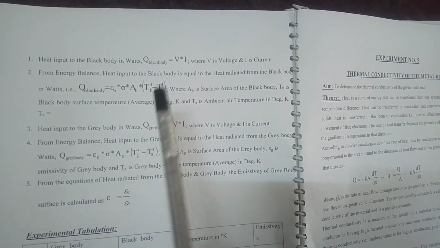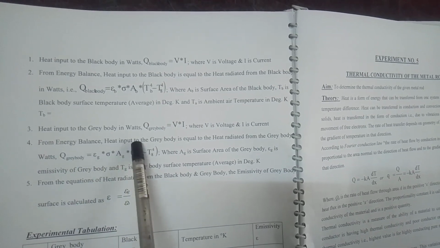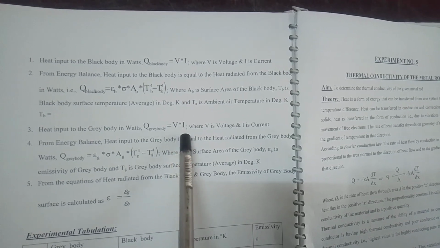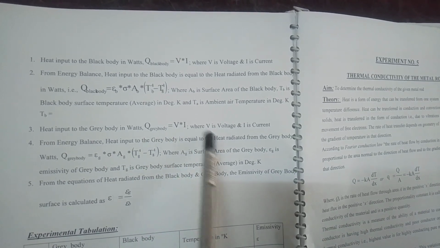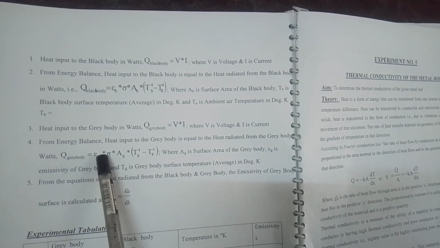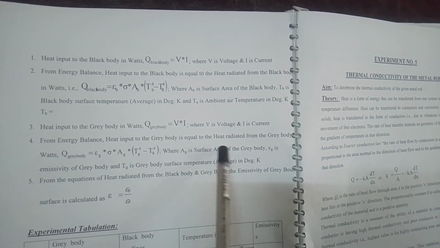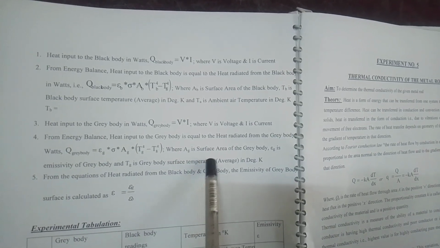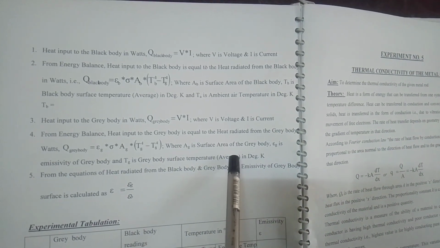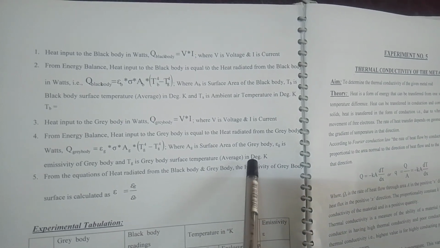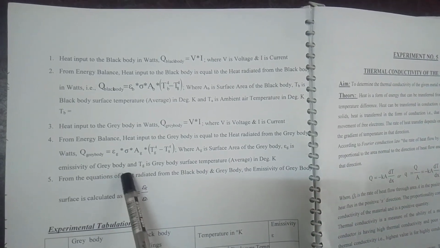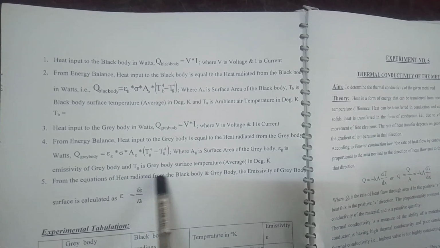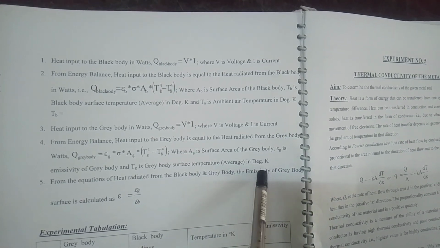In the same manner, the heat input to the grey body can also be found with the same multiplication of voltage into current, where V is the voltage and I is the current. From the energy balance, the heat input to the grey body is equal to the heat radiated from the grey body. So we have this equation where Ag is the surface area of the grey body, the emissivity of the grey body is represented with this symbol, and Tg is the average surface temperature of the grey body in Kelvin.